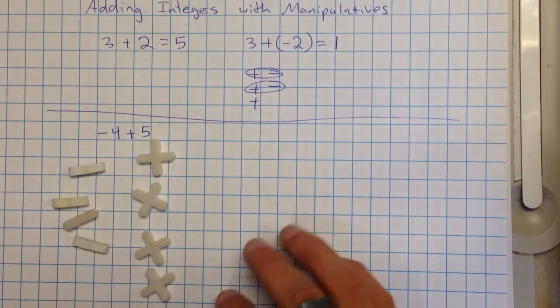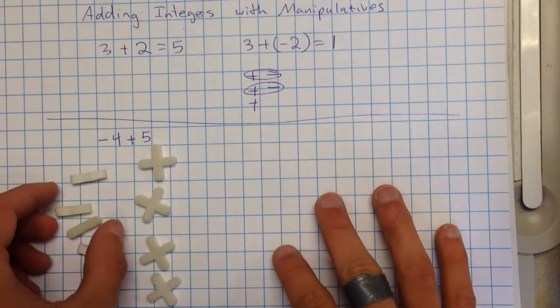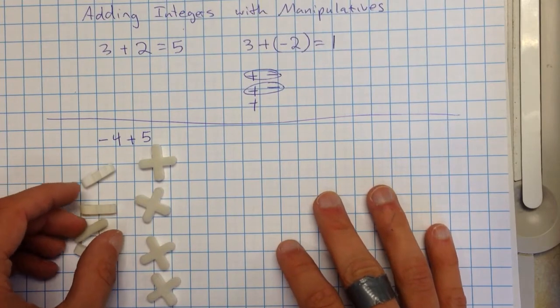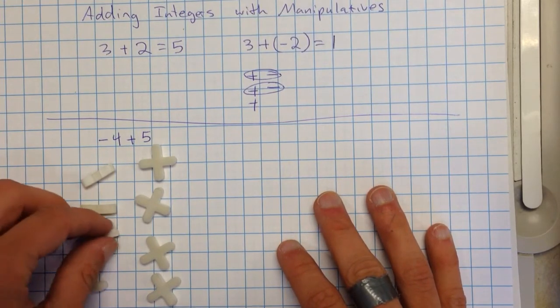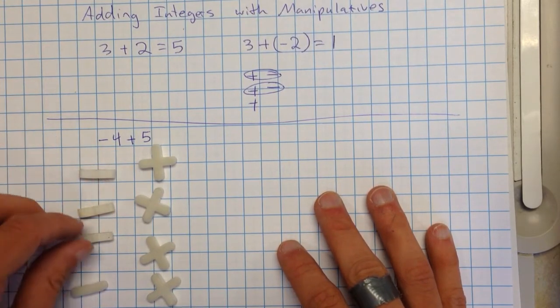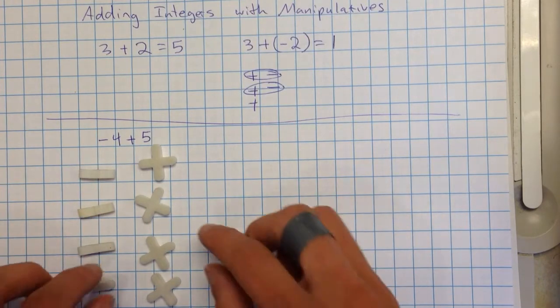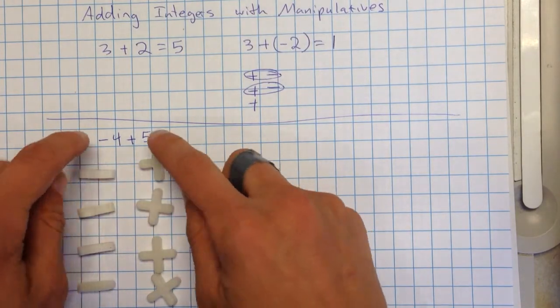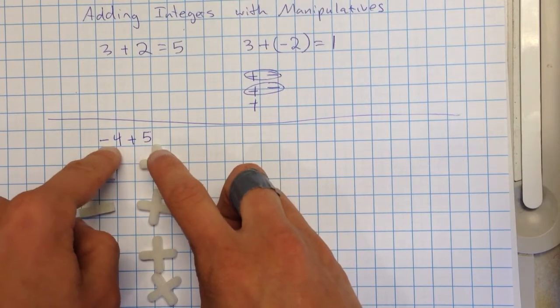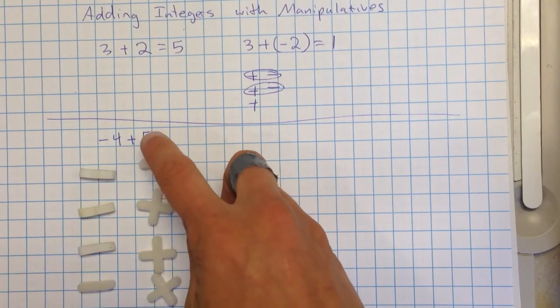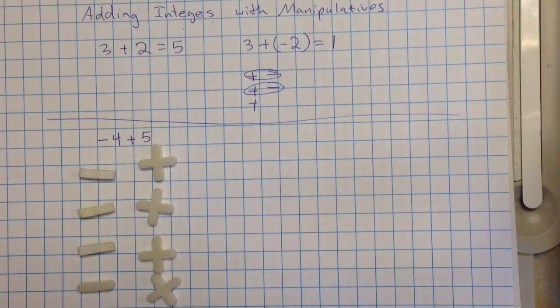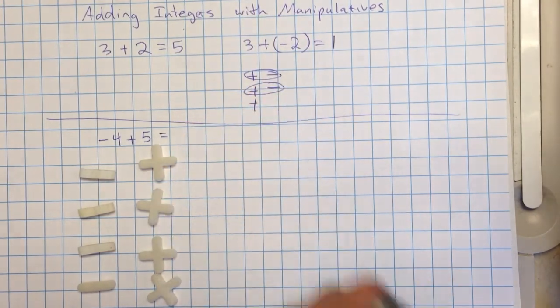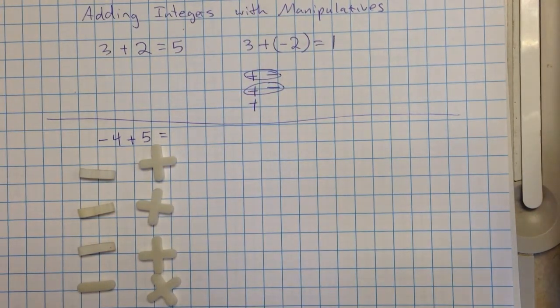I have one more positive than I have negative. That means my answer is going to be a positive number. So whatever number you have more of, 4 negatives, 5 positives, my answer is definitely going to be positive. That's a way to check your work.